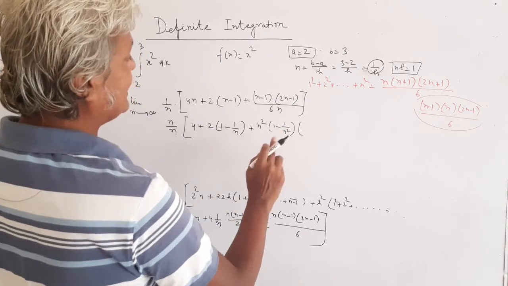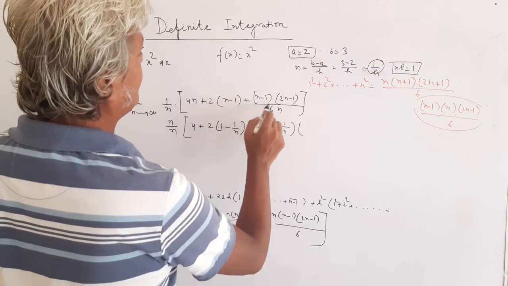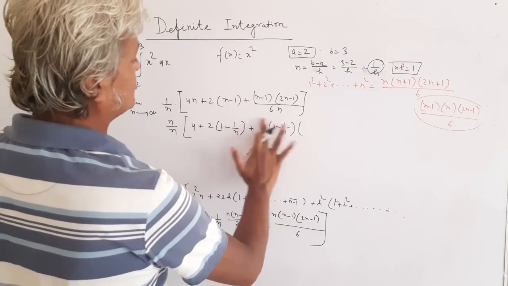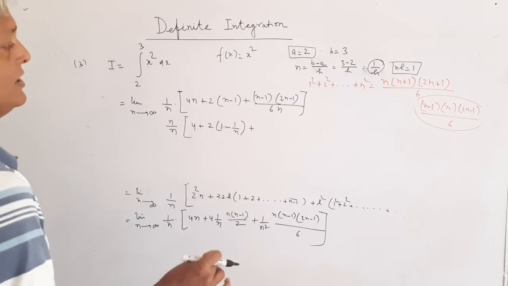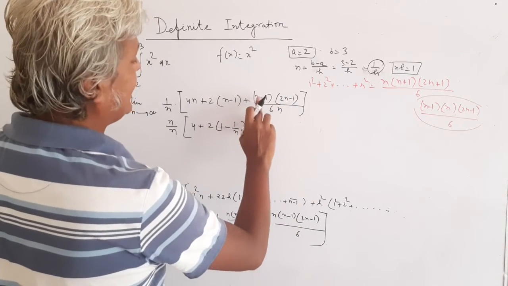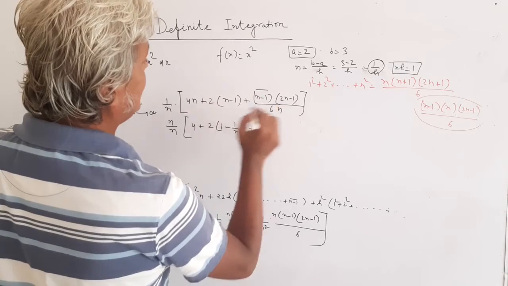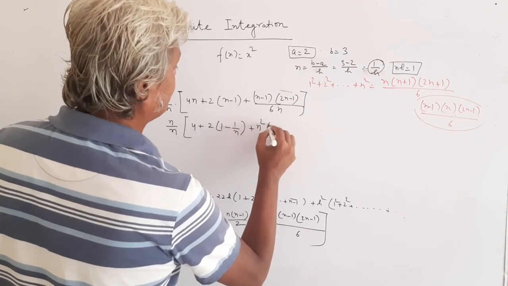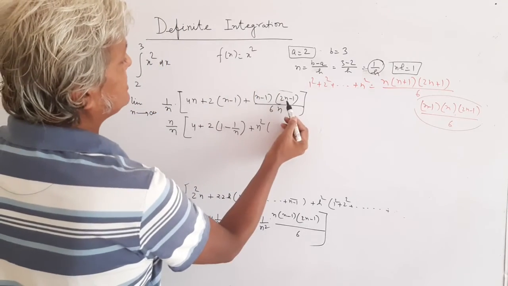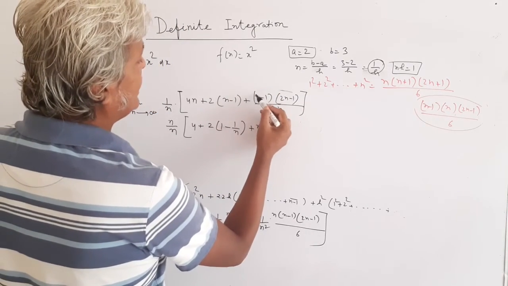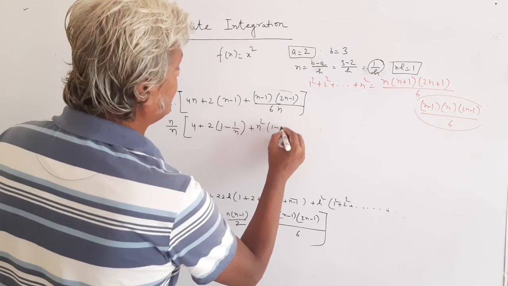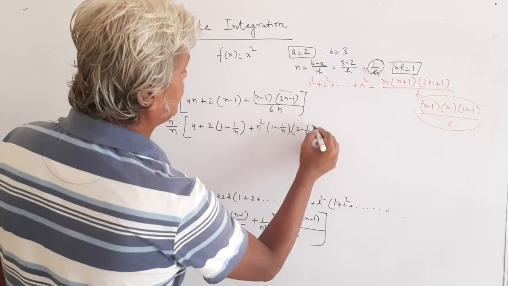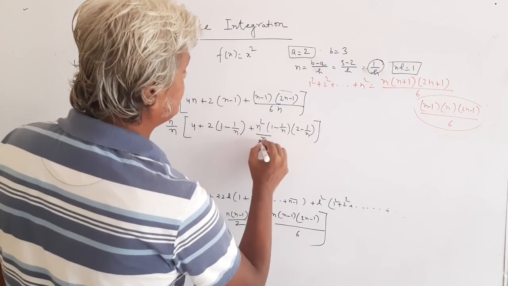From these two I take n common from this also and n common from this also. So finally I will have 2n square, because one is coming from this term and one from this term. This will become 1 minus 1 over n, and this becomes 2 minus 1 by n. And down there is 6n.